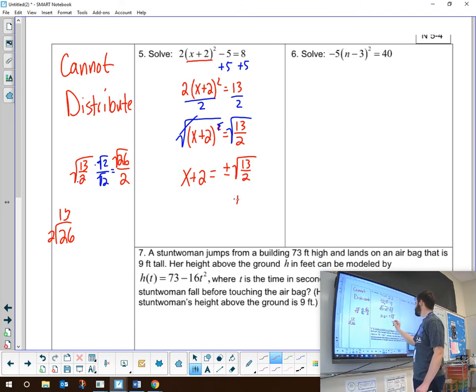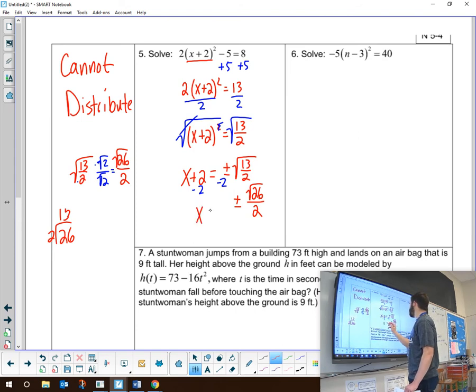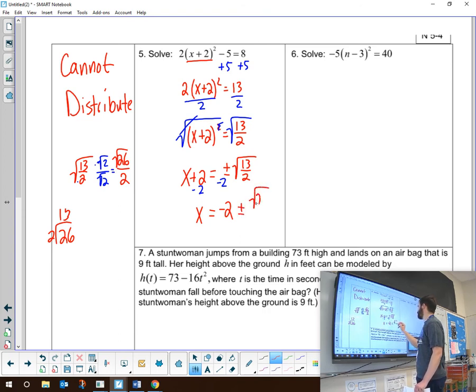So it's going to be plus or minus the square root of 26 over 2. All right, so now that it's simplified, I'm going to subtract 2 from both sides. So my final answer is going to be x equals negative 2 plus or minus, let me rewrite this a little bit better, negative 2 plus or minus the square root of 26 over 2.